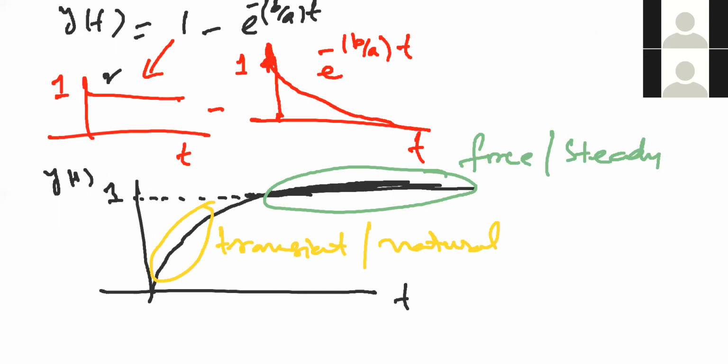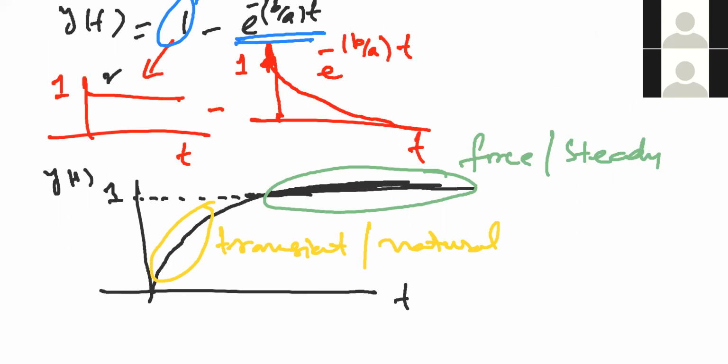Then we have the second factor, which is the pole at any other point, so it gives you the natural response. So the system pole at the origin generates the forced response, and the system pole at minus b by a generates the natural response.